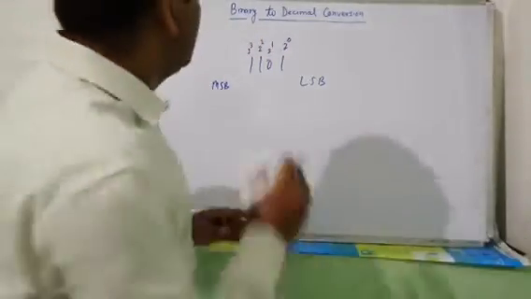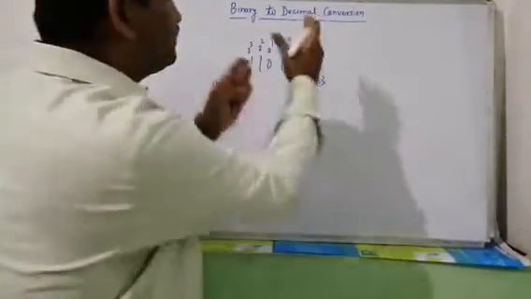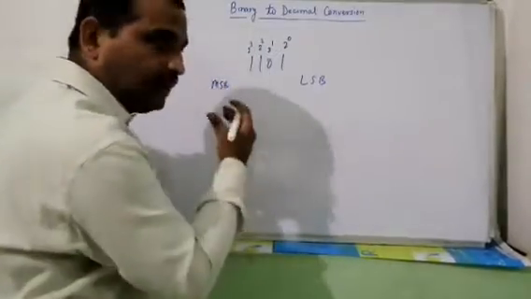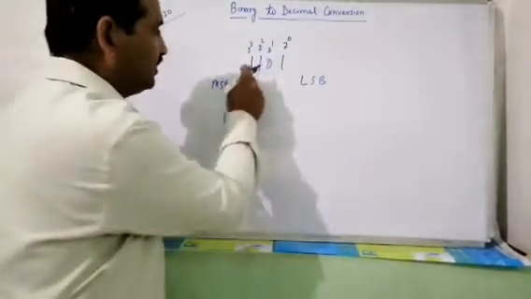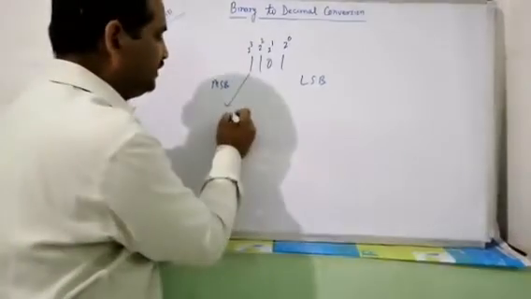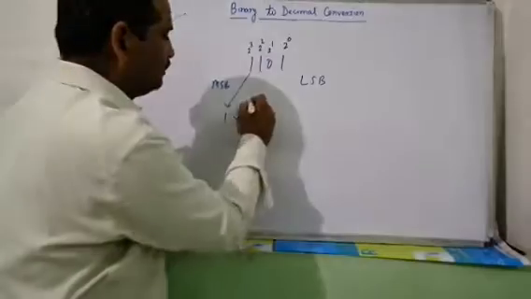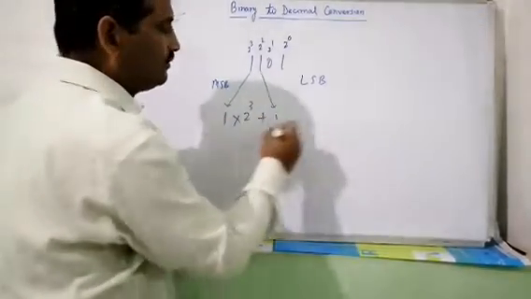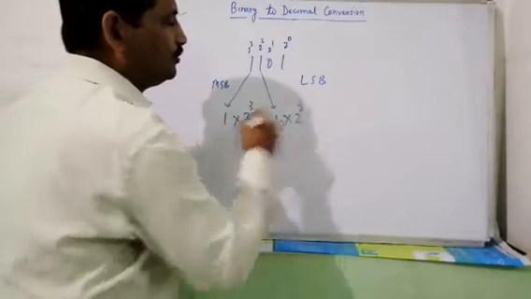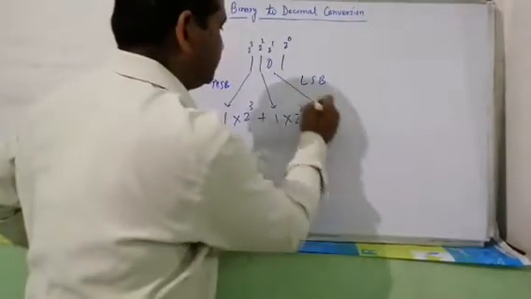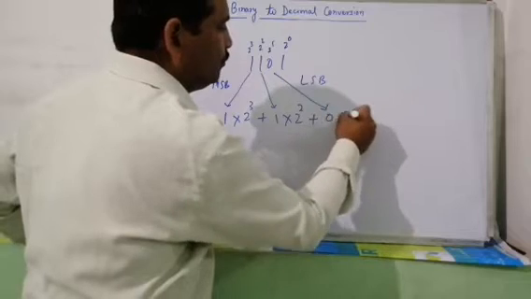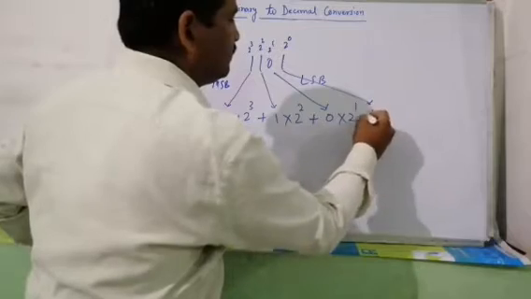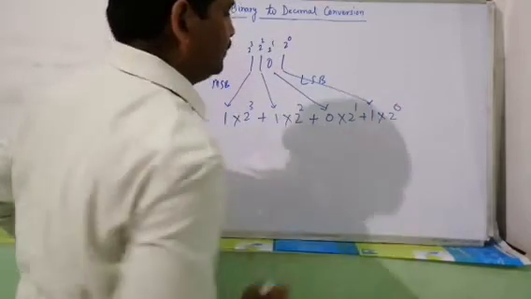We simply have to add all its weights. So how will we add? To add, we write the digit 1 into the weight 2 to the power 3, plus this digit 1 into 2 to the power 2, plus this digit 0 into 2 to the power 1, then 1 into 2 to the power 0.